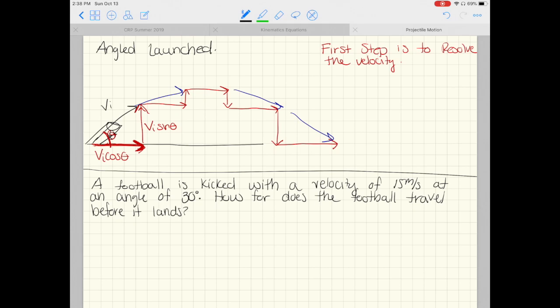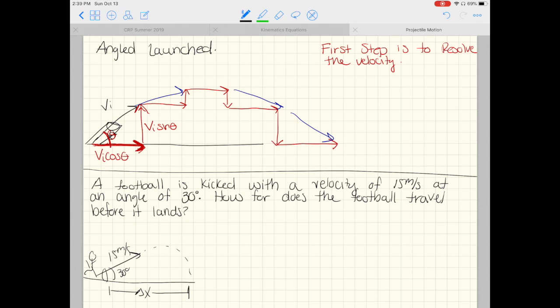Okay, so essentially what's happening is we've got a football that's being kicked with a velocity of 15 meters per second at an angle of 30 degrees, and we want to know how far it goes before it hits the ground again. Now, the first thing we need to do is resolve this vector.